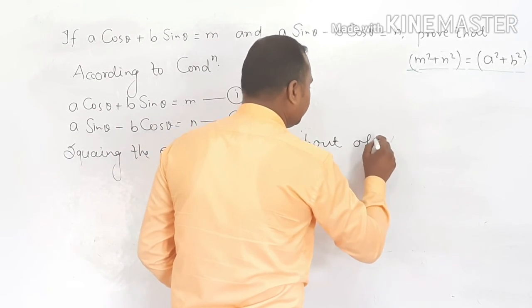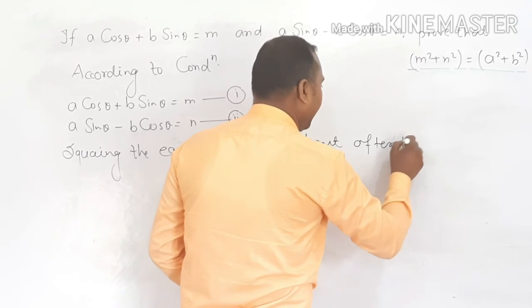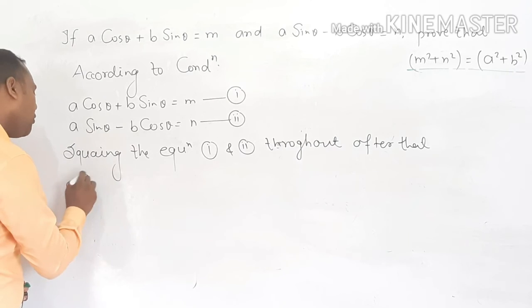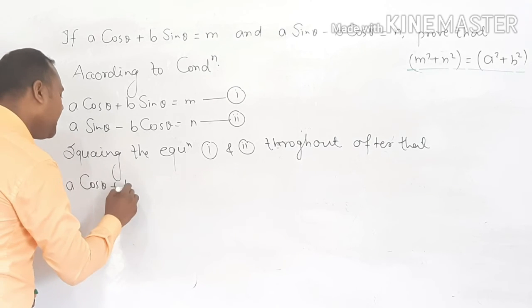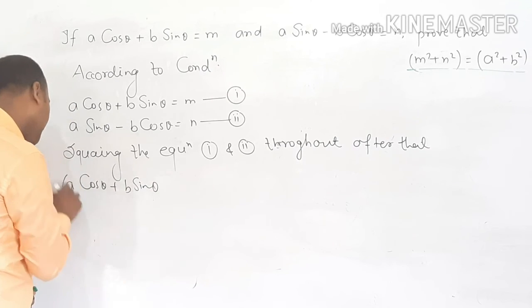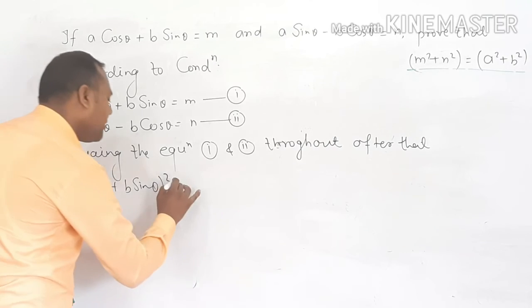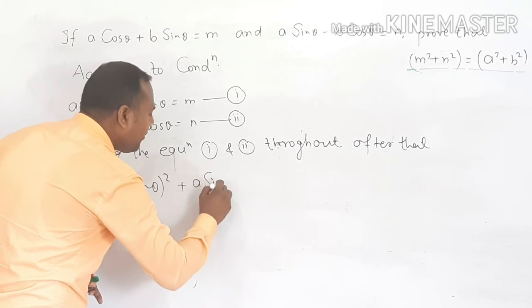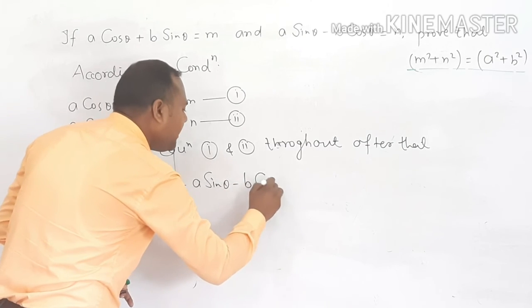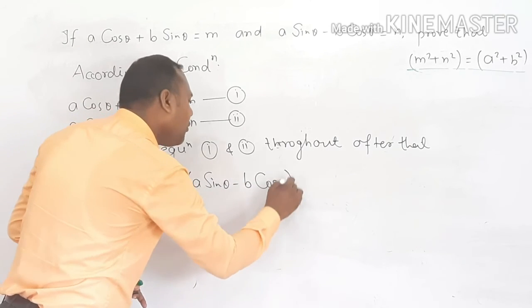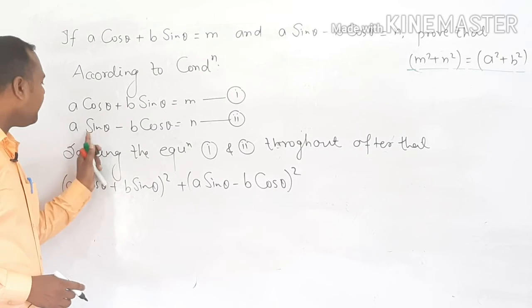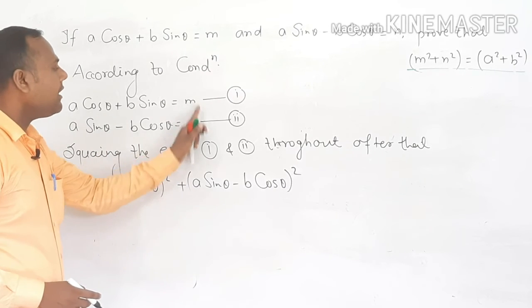After that, a cos theta plus b sin theta the whole square plus a sin theta minus b cos theta the whole square. This is the LHS part, and this will be the RHS part.